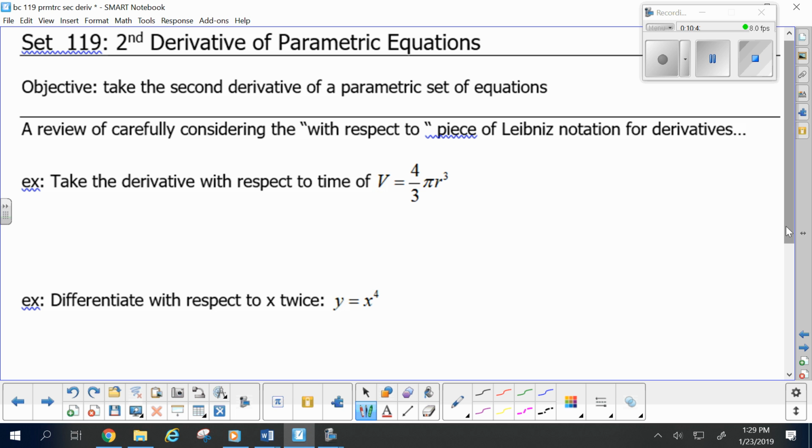When you took the derivative with respect to time, way back when calculus was new, and you were just starting to get a feel for all the crazy notations that come with calculus, you would say stupid stuff like, so you multiply by d over dt, and your teacher would say, no, you don't multiply by d over dt any more than when you solve this, you don't multiply by the square root symbol.